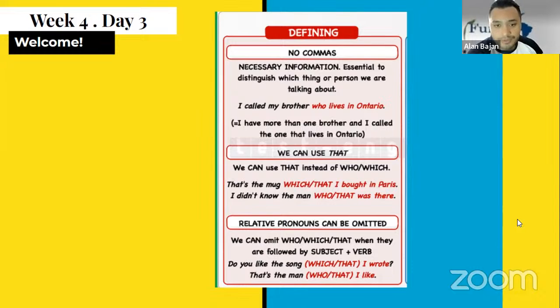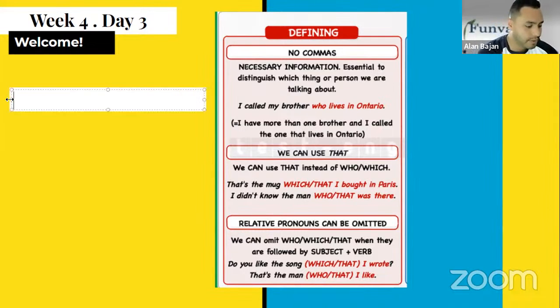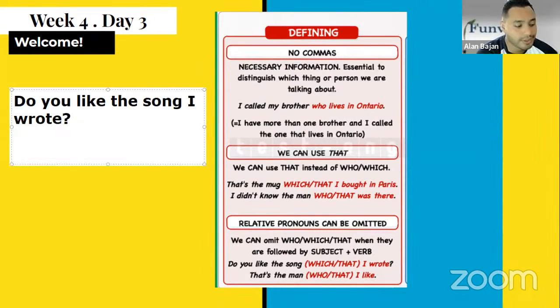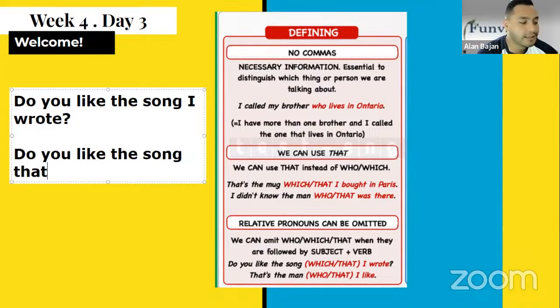Let's make it more visual. In defining clauses, I can say the following: do you like the song I wrote? I can omit the relative pronoun. Or: do you like the song that I wrote? Both are completely correct.